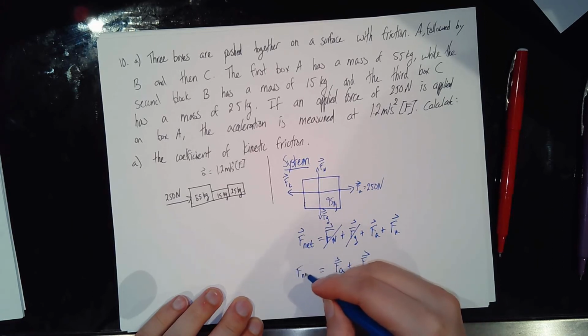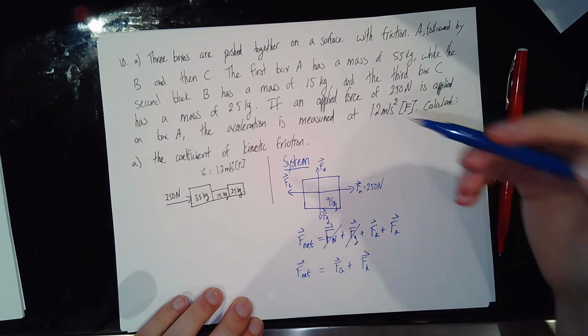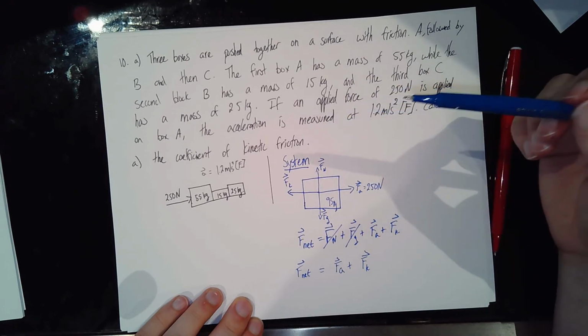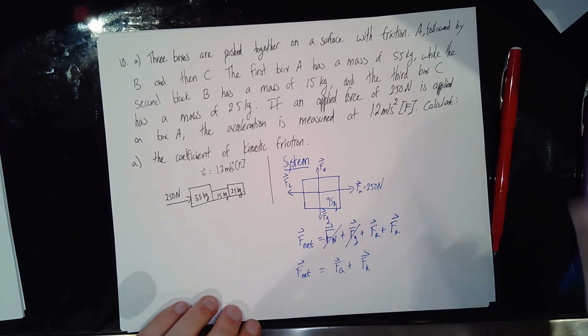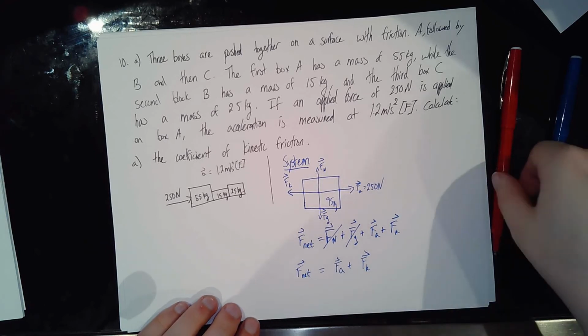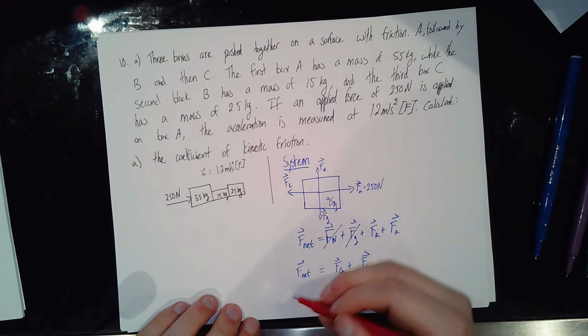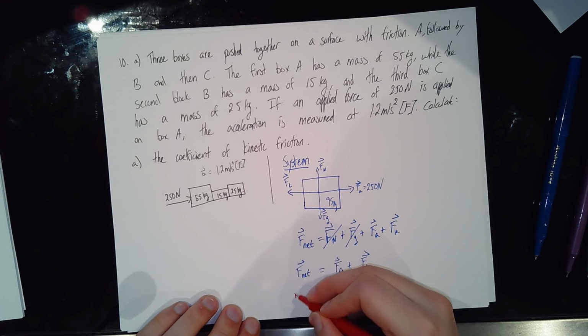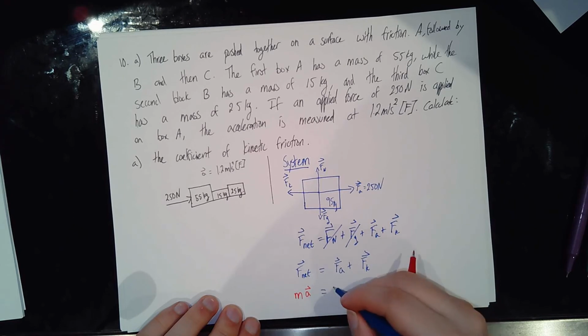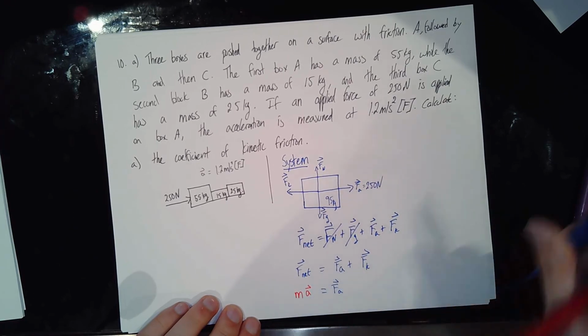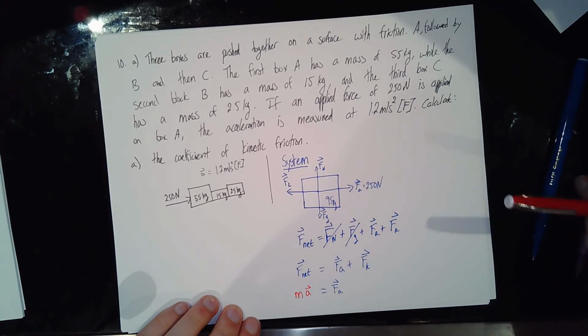Now, our goal is to find our coefficient of kinetic friction, right? And our coefficient of kinetic friction is contained within our force of kinetic friction, right? If we write these out in their variable form, break them down a little bit more, we know that net force is equal to ma. Our applied force is just given to us as 250 newtons.